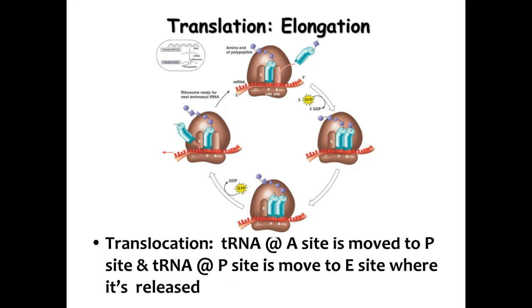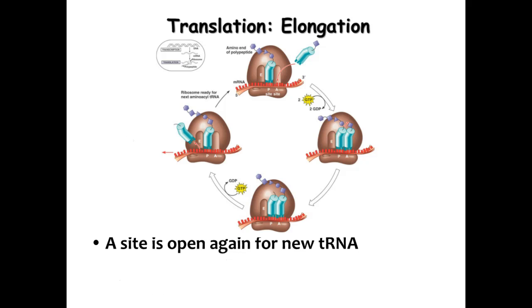When those 2 sites are filled, the 2 amino acids will be bonded together, and then everything will translocate. You'll see here that's the bond that's formed, then everything slides one spot over, and there goes the empty tRNA to go grab another amino acid, and now the A site is ready to be filled by the next tRNA in line with its corresponding amino acid.